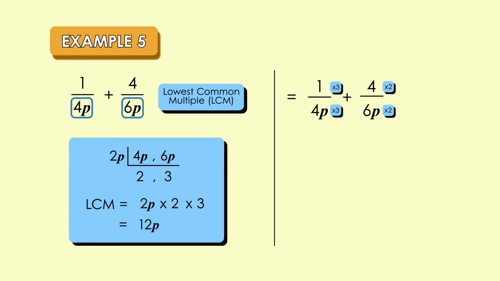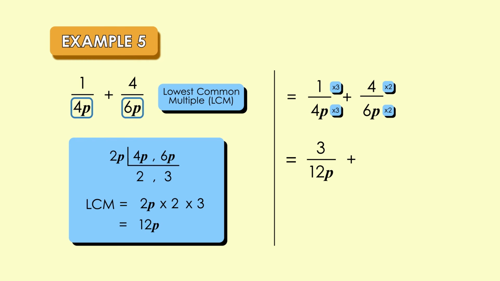For the first algebraic fraction, 1 multiplied by 3 equals 3. 4p multiplied by 3 equals 12p. The first fraction is 3 over 12p, followed by 4 multiplied by 2 equals 8. 6p multiplied by 2 equals 12p.